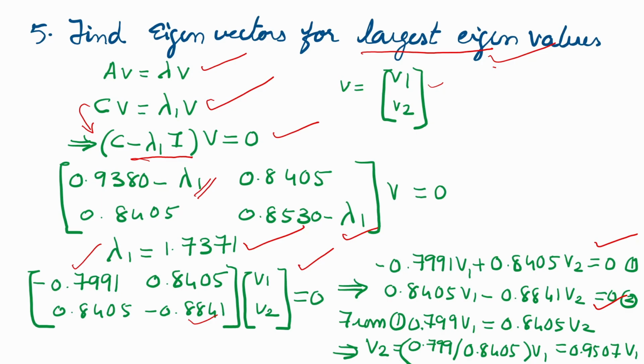Just consider the first equation. You can express one variable in terms of the other, so V2 we are expressing in terms of V1. When you take minus 0.799 V1 to the other side, you get the equation like this. V2 is nothing but 0.799 divided by 0.8405 times V1, which is 0.9507 V1.